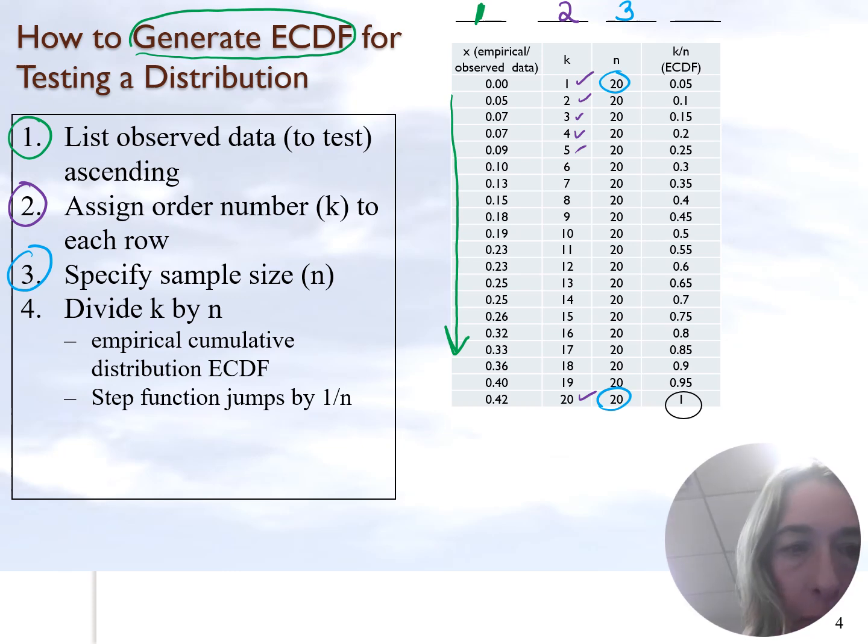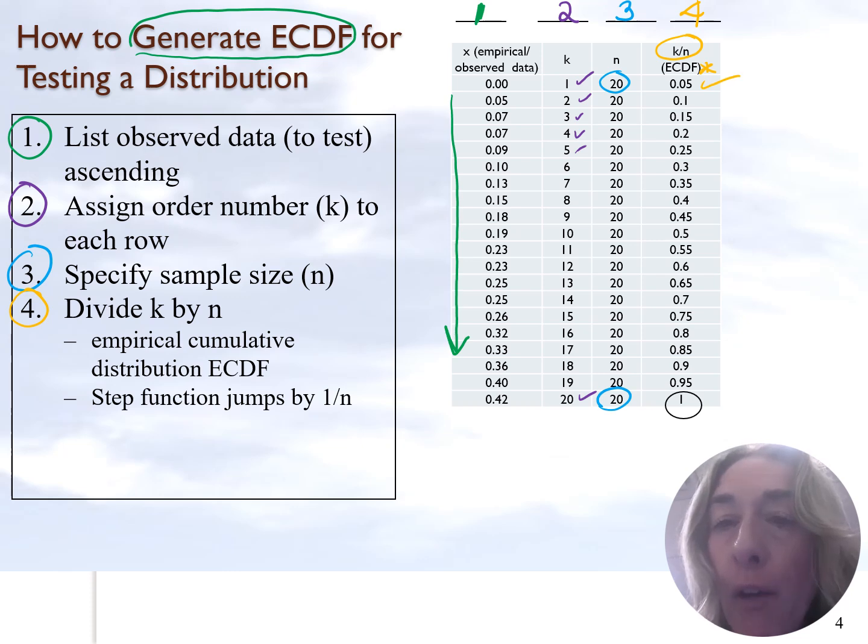Then in column 4, to get our empirical cumulative distribution function, which is what we're trying to get, we divide k by n. For row 1, 1 over 20, or k over n, equals 0.05. For row 2, k over n is 2 over 20, or 0.1. What you'll notice about column 4 is that the value jumps by 0.05 with each row.